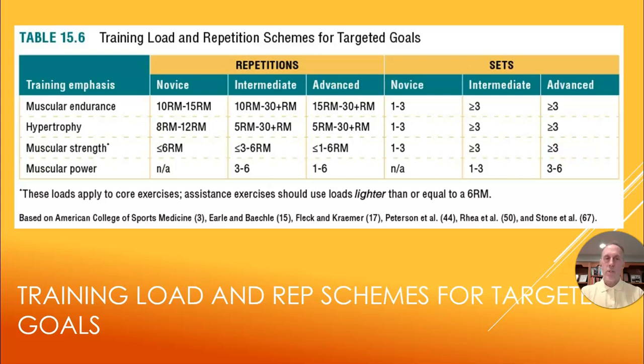So if we look at the topic of repetitions and sets, a person who is trying to work on muscular endurance, who's a novice, you're going to have 10 to 15 repetitions, and a novice is going to do 1 to 3 sets. A person who's more advanced will do 15 to 30 repetitions. So already the volume per set is higher there.